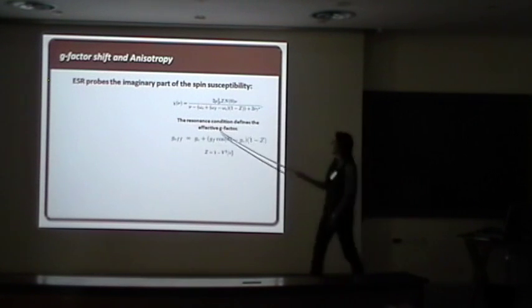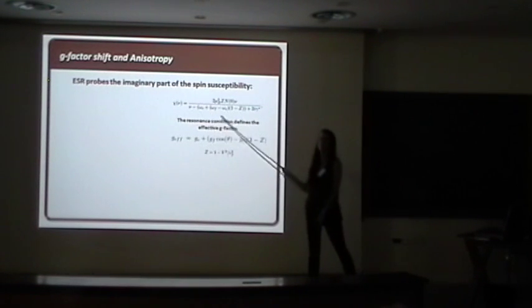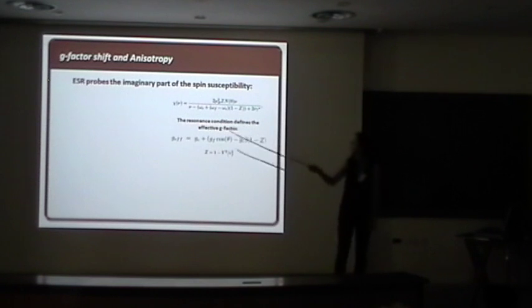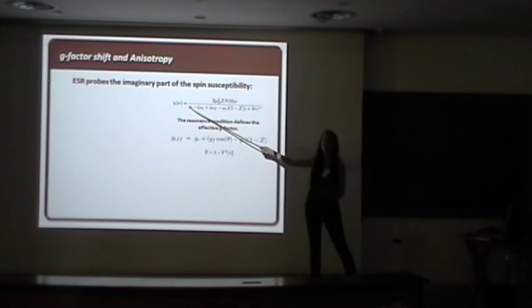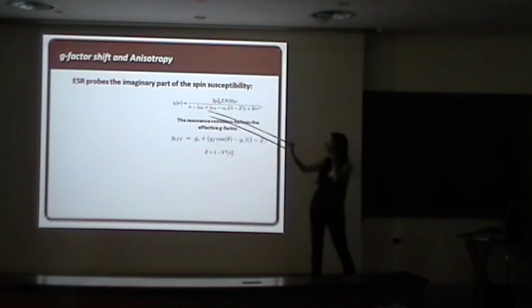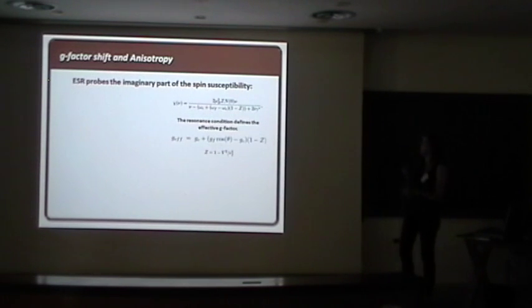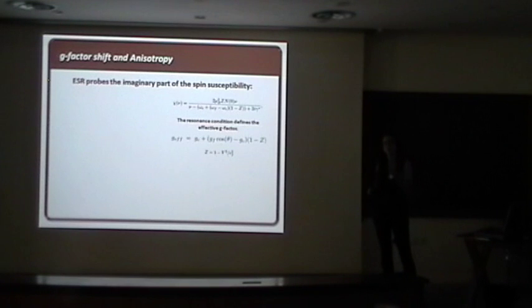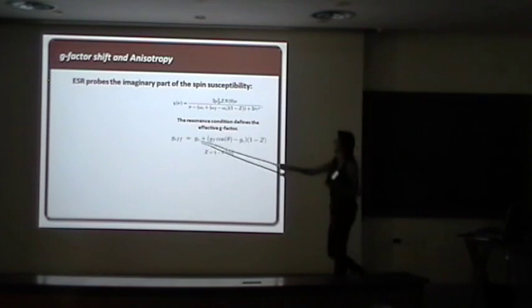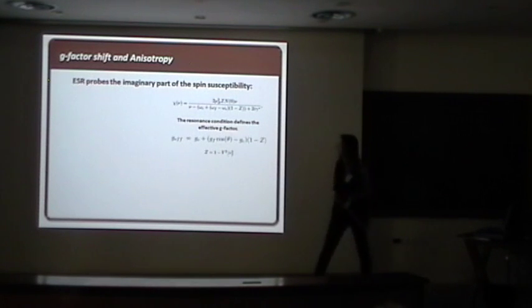We can get it from the resonance condition, which is exactly the condition that my external frequency is equal to the energy of the Zeeman splitting. That would be mu_B times the external field times an overall gyromagnetic ratio, that is this g effective here, that I can write in terms of this g_c and g_f.